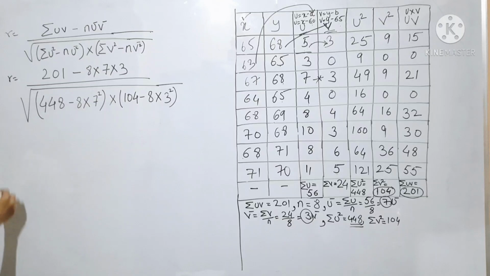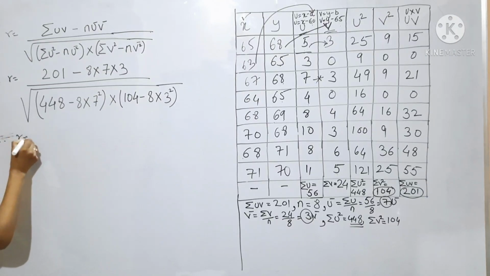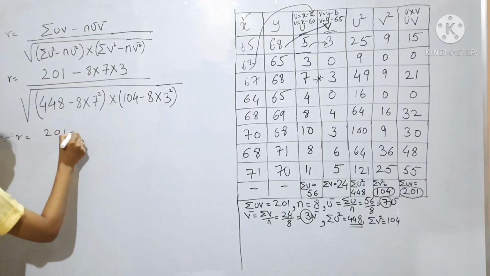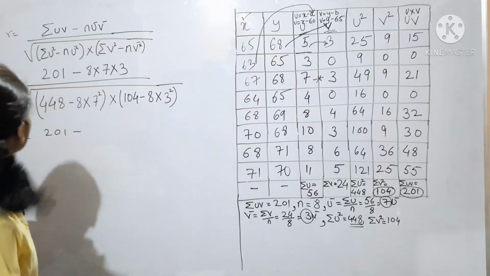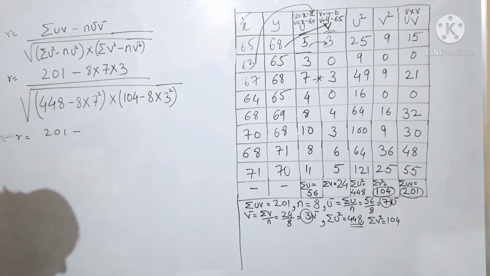Next, therefore R is equal to 201 minus 8 multiply by 7 multiply by 3.